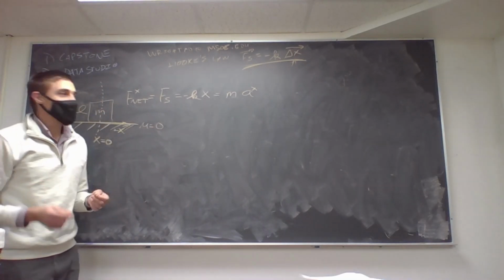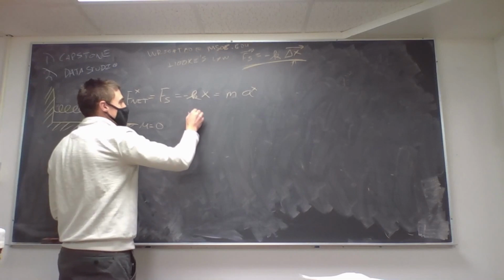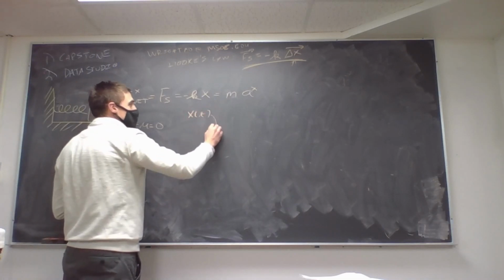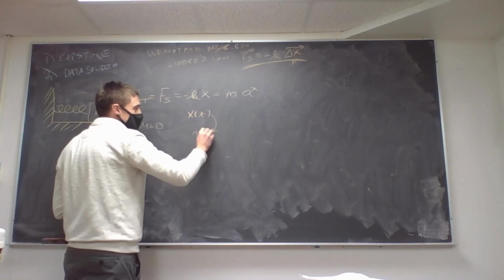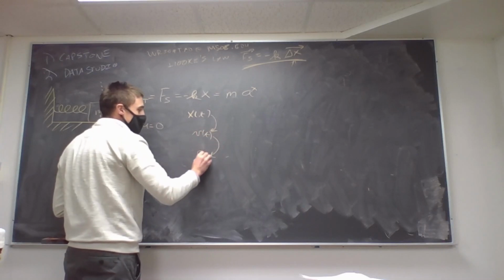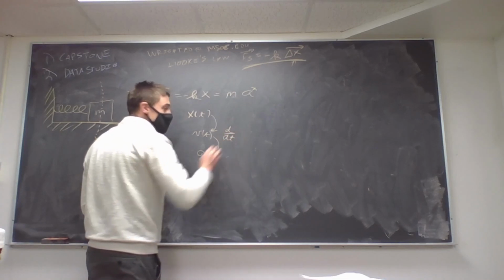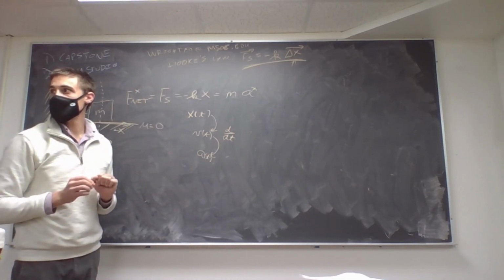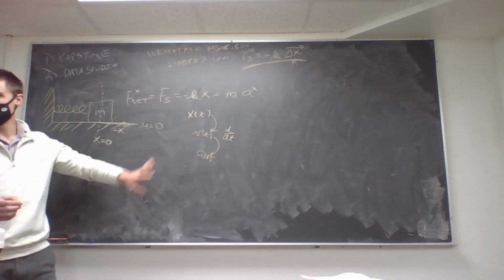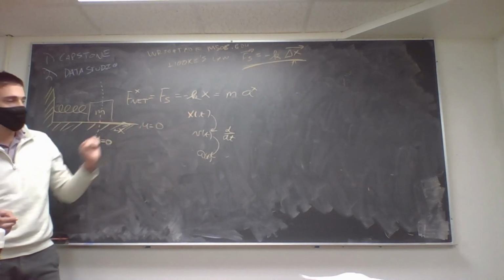And we've been talking about this quite a bit, that if you want to go from position to velocity or velocity to acceleration, you're going to use a derivative, right? Yes, you guys have seen me draw this multiple times. Cool.